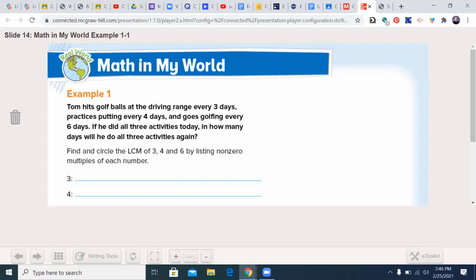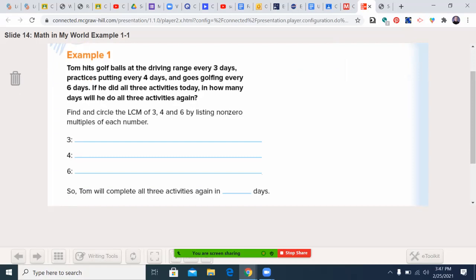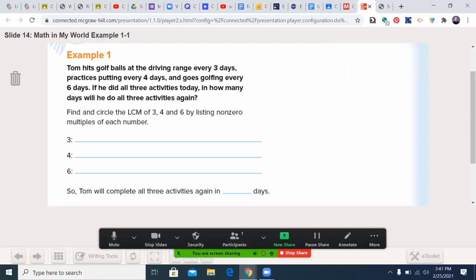Common multiples are multiples that are shared by more than one number. Like with 4 and 6, we saw there was 4, 12, 24. They were all common multiples. And the smallest one, in that case 12, is the least common multiple. As we do this, I do expect you to fill this in. This will give you an artifact to look back on as we do the assignment.